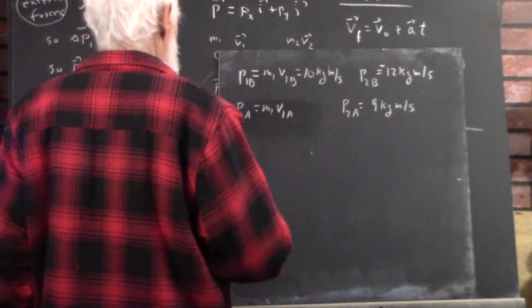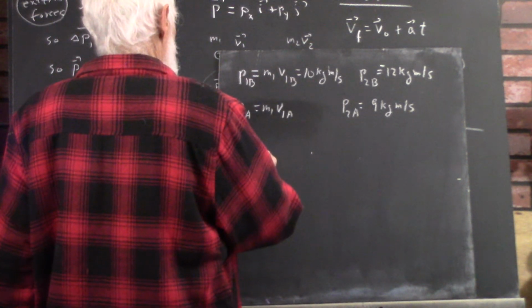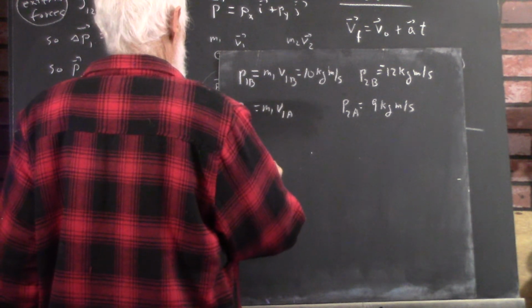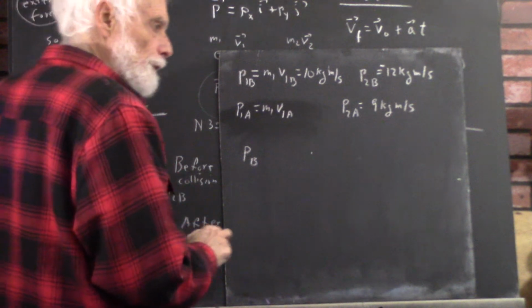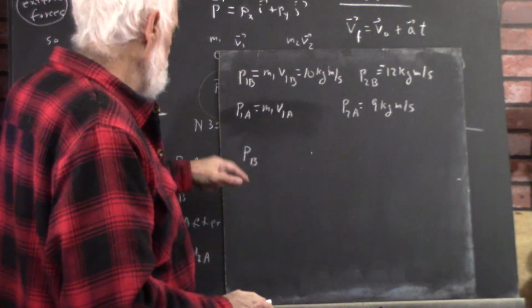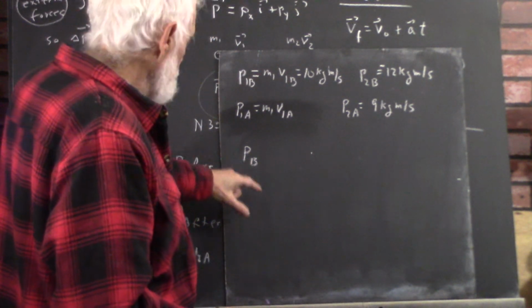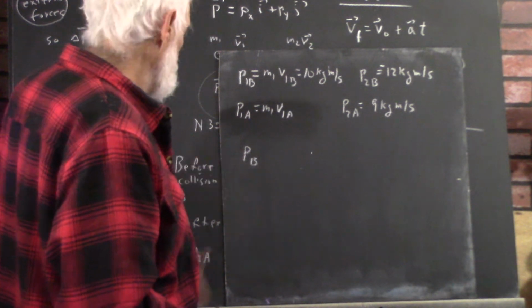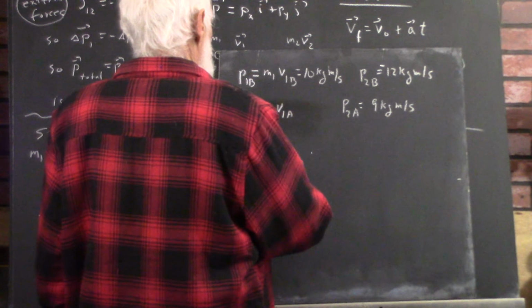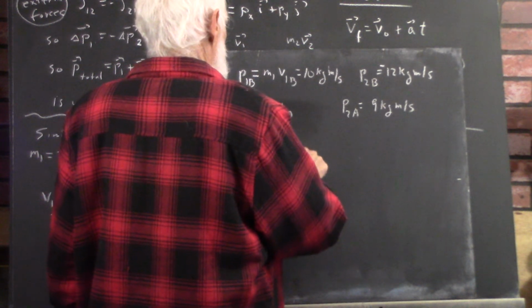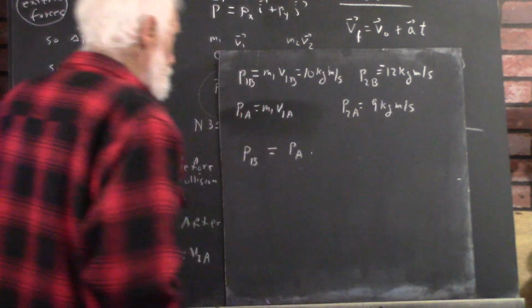So P before, which means total momentum before. I could put P total before, but I was going to use P sub B for the total momentum before. Has to equal total momentum after.